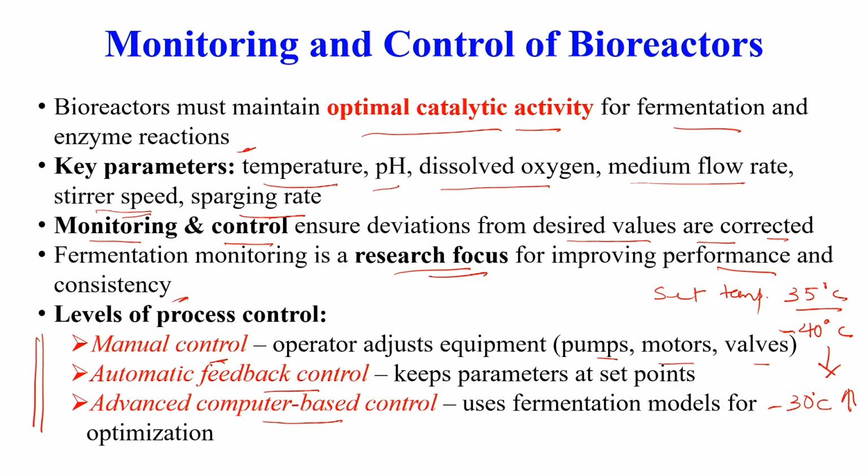Feedback control will compare your monitored parameter with the set point, and accordingly a decision will be taken by the controller. And advanced computer based control directly uses input from your computer. In real time we are able to give input and it will be able to correct it.